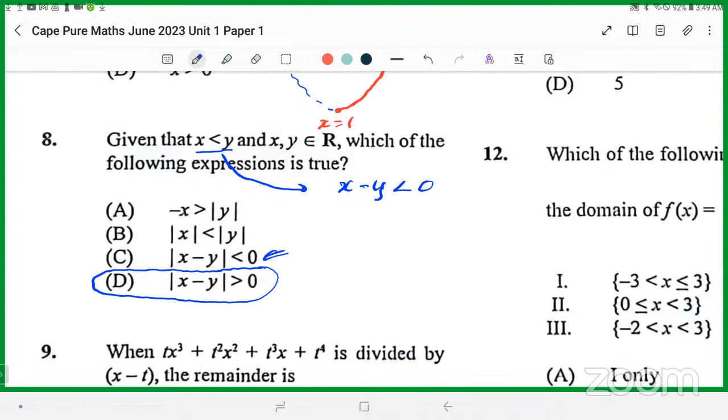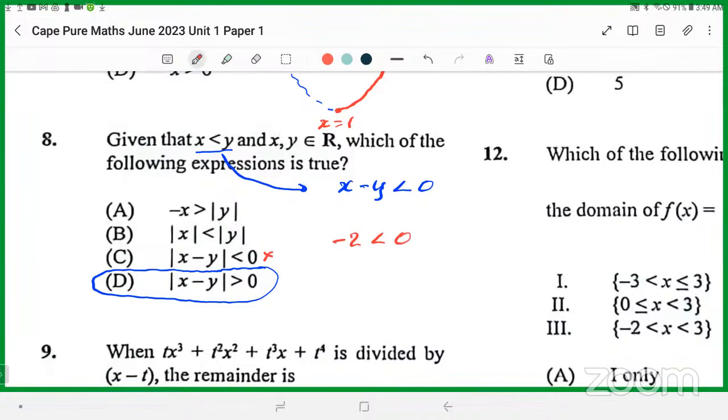This one is not true because modulus can be negative, so this one is not true. So we can X out the ones that are not true. It's not true that if you take the modulus of both sides, you get this. For example, if x is -2, it is less than 0.